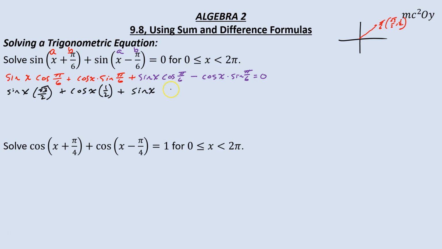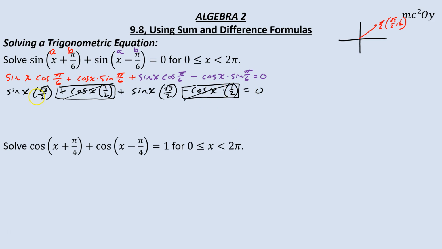Well, cos of pi over 6, which again is √3/2, minus cos x sine of pi over 6, which is 1/2, equals 0. Okay, so I have now, when I'm looking at this, I have a positive cos x times 1/2 and a negative cos x times 1/2. Those two things cancel out. They're on the same side. We're just simplifying the equation.